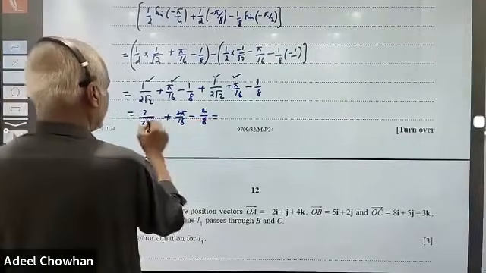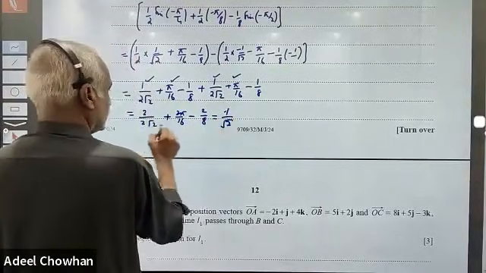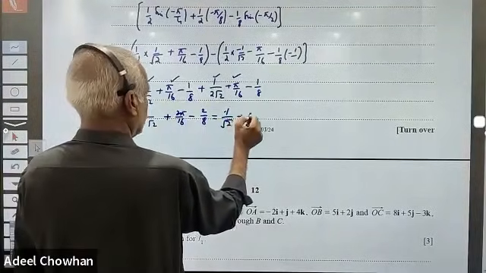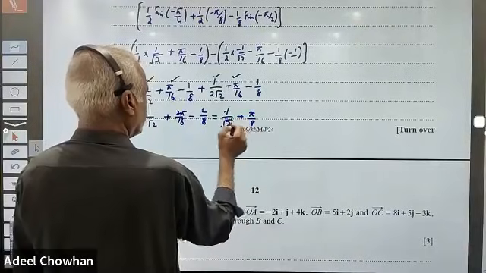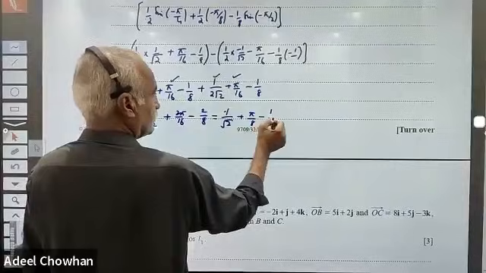So final answer will be equal to 1 over root 2 plus pi by 8 minus 1 by 4.